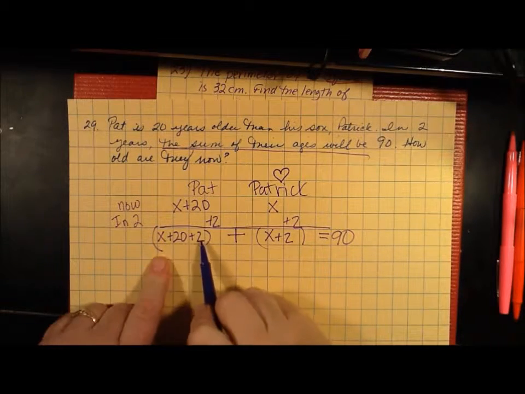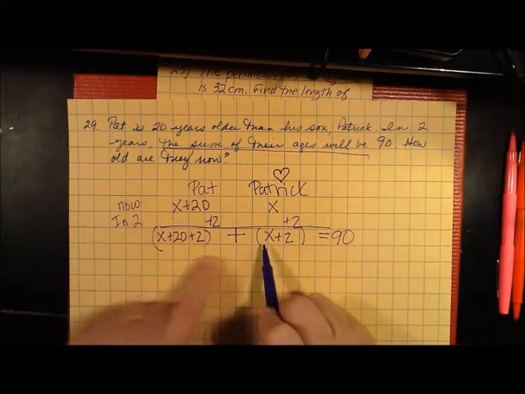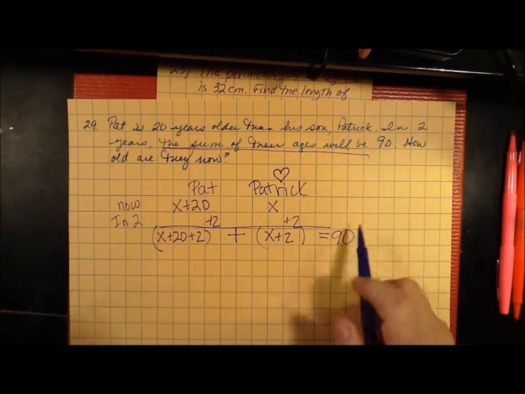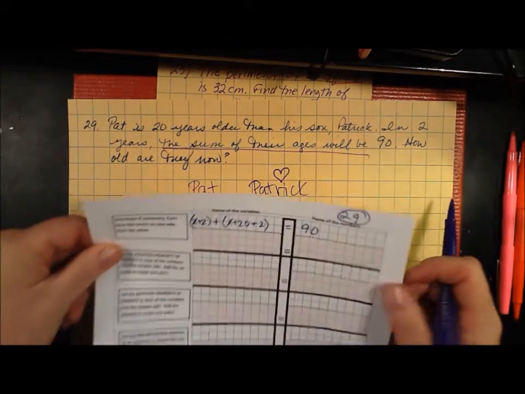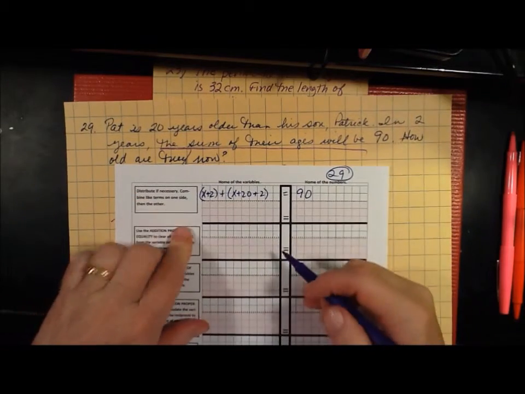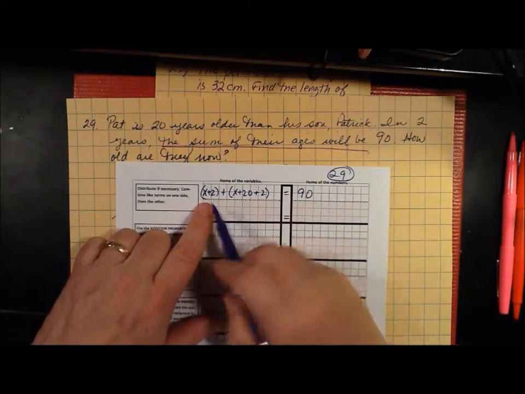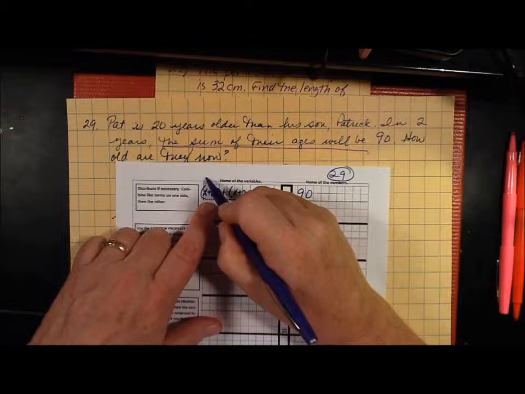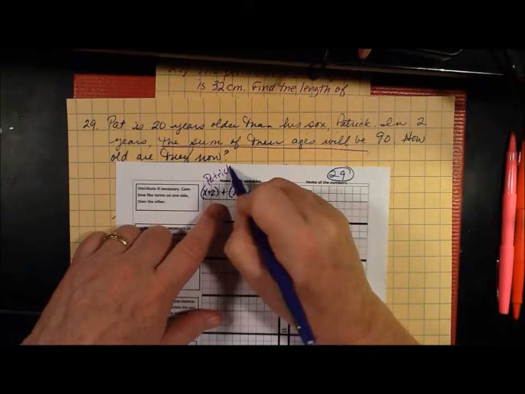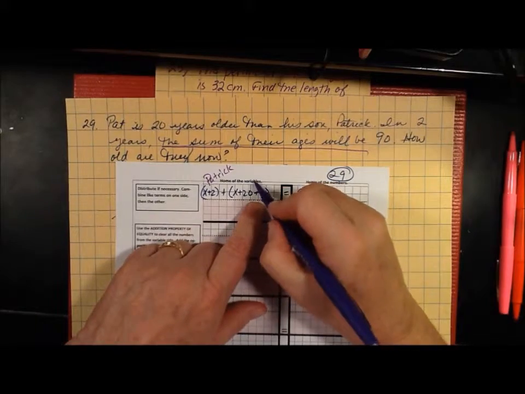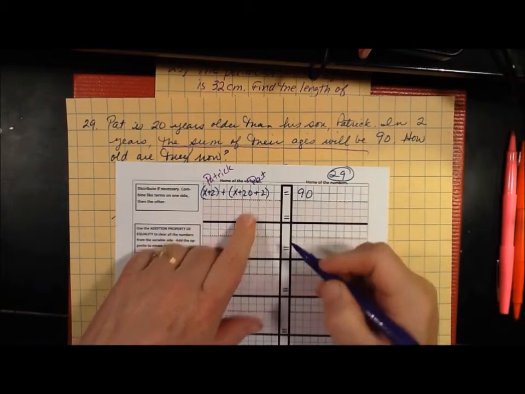So let's see how that's going to work out when we do it algebraically. Here I have Patrick's age. Whoever wrote this problem giving them similar names wasn't very kind. And this is Pat.